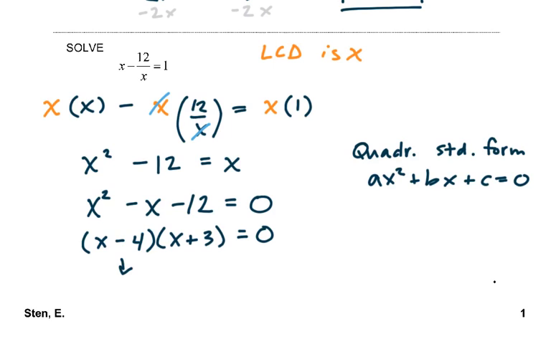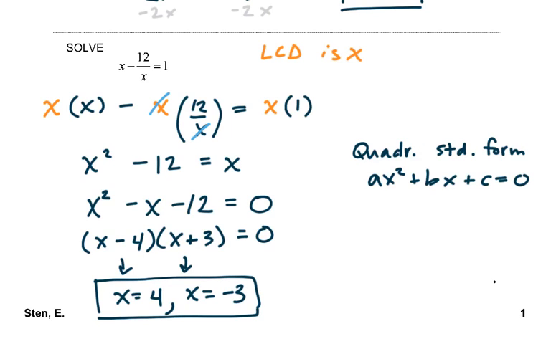And so now solving this quadratic equation, I end up with x equals 4 and x equals negative 3. So these are my two answers. And the one thing I want to make sure I do here is now check. I need to check and verify that these solutions are both true. So I want to check each, and we want to check them in the original equation.